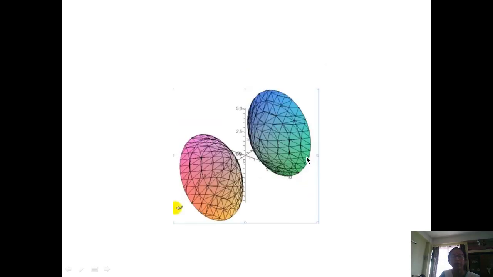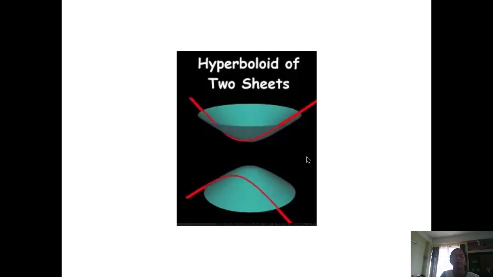And this is the complete figure. Within this region we cannot find any real graph. Such types of figures or surfaces are known as hyperboloid of two sheets.